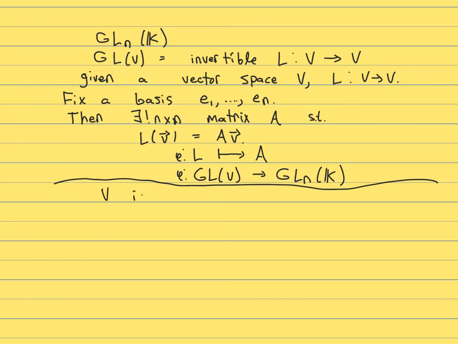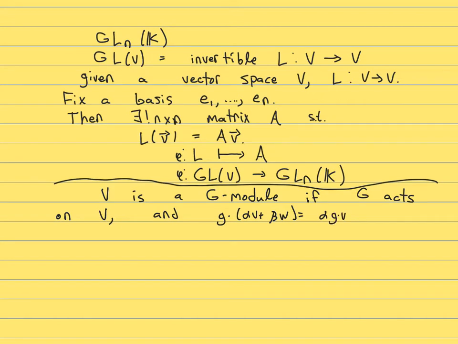A vector space is a G module if G acts on V and this action is linear, for all g in the group, scalars alpha and beta in the scalar field, and all vectors in the vector space.